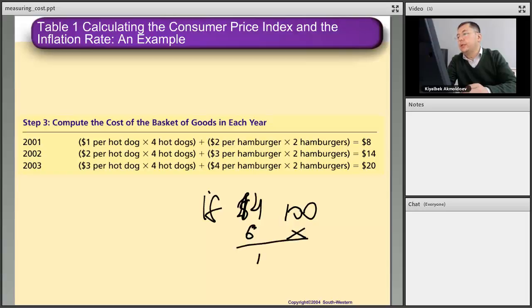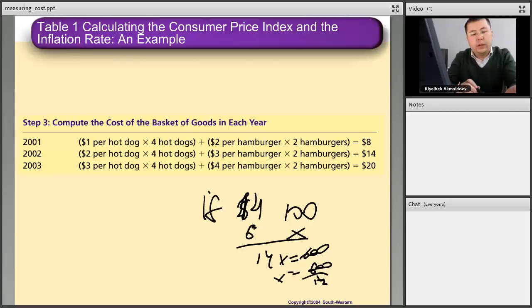Six is how much percent? So 14x equals 600, and x equals 600 over 14. If we calculate it, 600 over 14 is almost 43%.